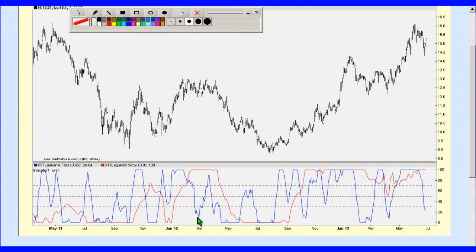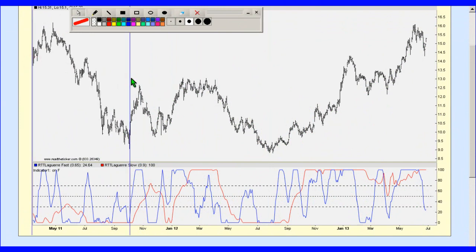We get a bit of a test, like a dip, but really there's no follow through. So it fails to get back up to 100, and then it fails again. So that's not really good price action or very good Laguerre indicator readings. So between here and here, the whole chart's really in a state of confusion. So trading within this environment is harder than trading in this environment.